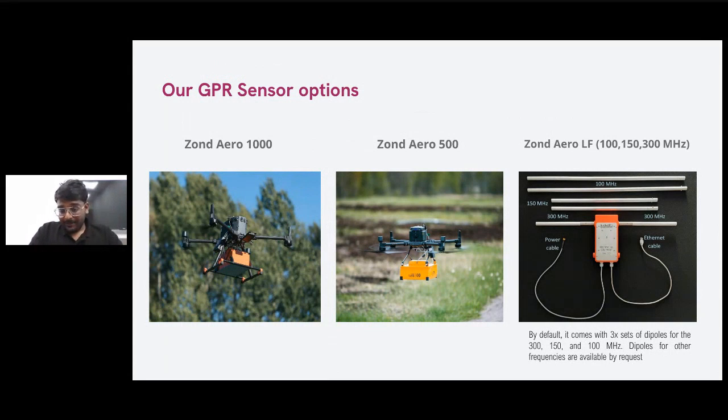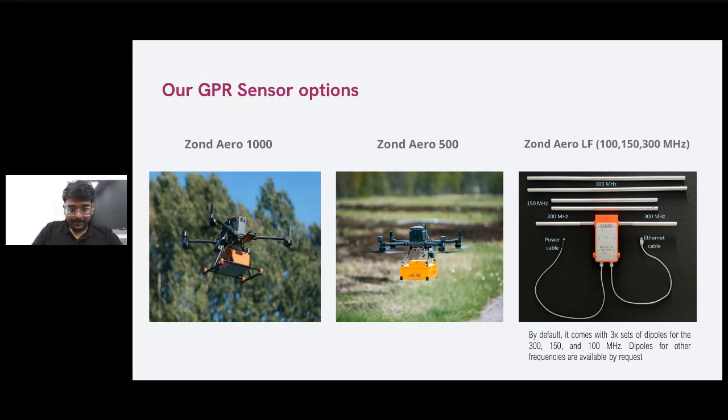The Sound Aero LF is a low frequency GPR radar sensor, and these can be used for larger depth scans. By default, the Sound Aero LF comes with three dipoles, which emit 100 megahertz, 150 megahertz, and 300 megahertz frequency signals respectively. And also, other low frequency dipoles can be ordered upon your request.